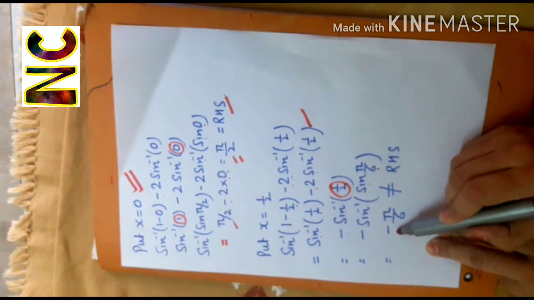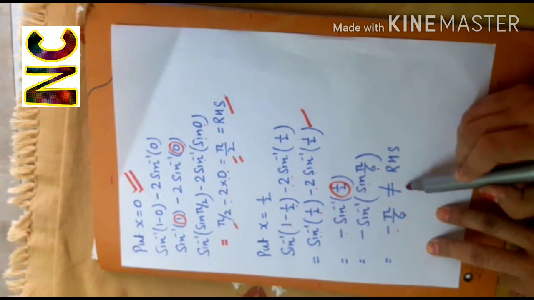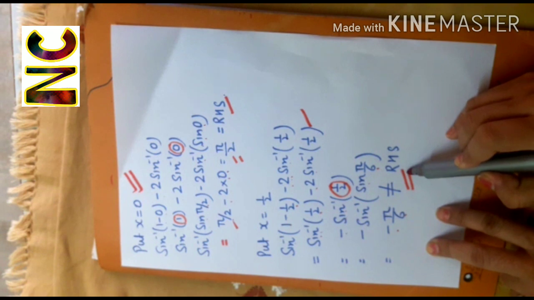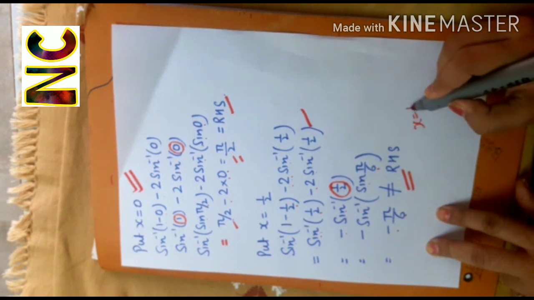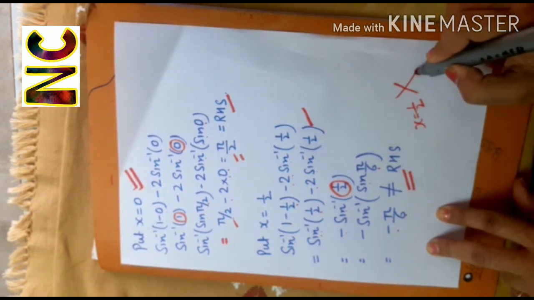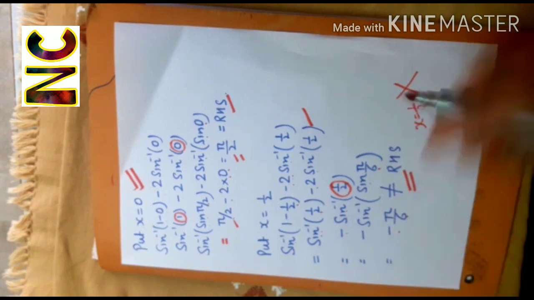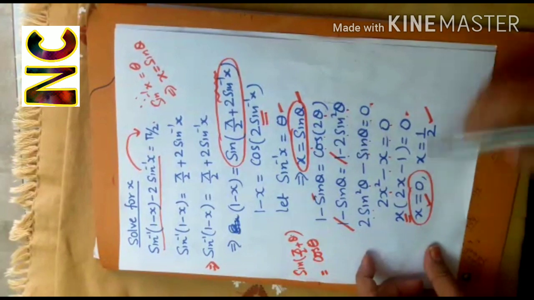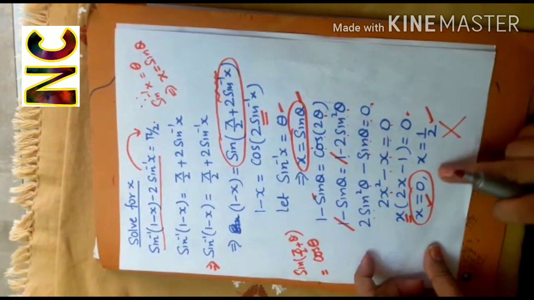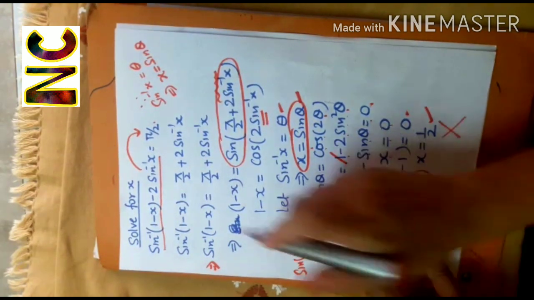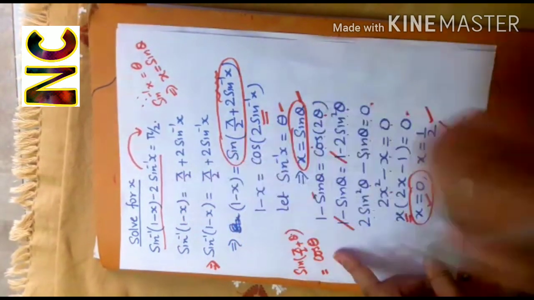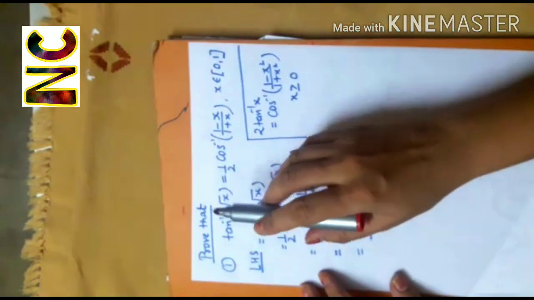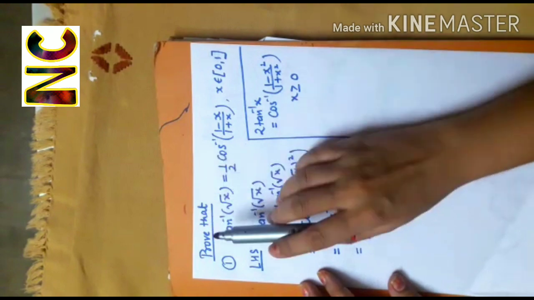So I'll get here −π/6, which is not equal to the RHS. So x equal to 1/2 is not a solution. So the solution of the equation is x equal to 0, because x equal to 1/2 does not satisfy the equation. Now let's take a few questions.